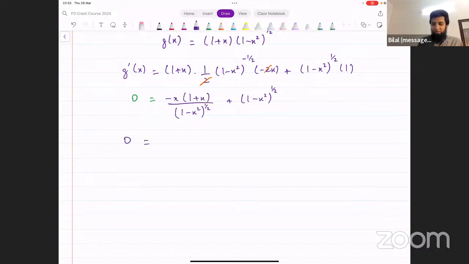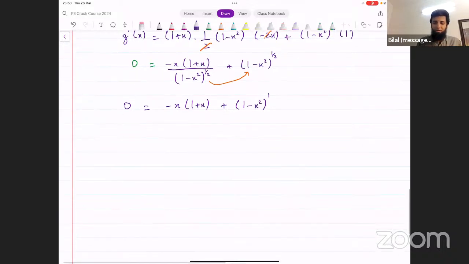On the right side, in the numerator, we get minus x into 1 plus x. And then this also gets multiplied with this. What does that give us? 1 minus x squared raised to power 1 over 2 into 1 minus x squared raised to power 1 over 2. That's going to be 1 over 2 plus 1 over 2, so the power is going to become 1. This is what you have.